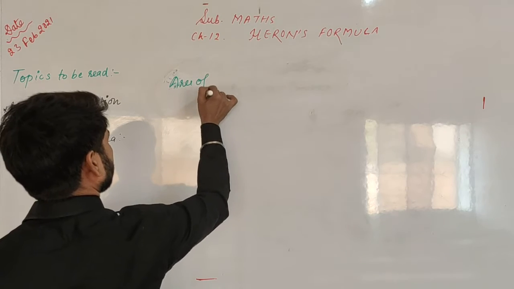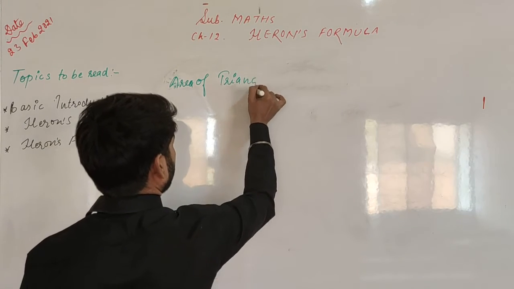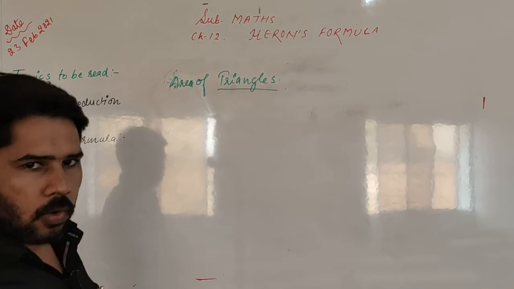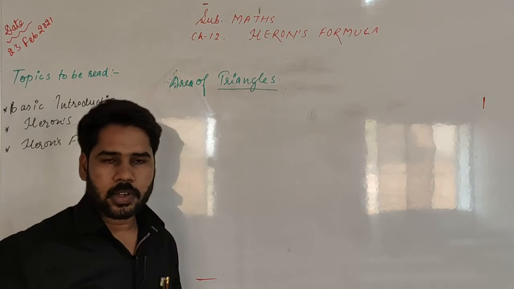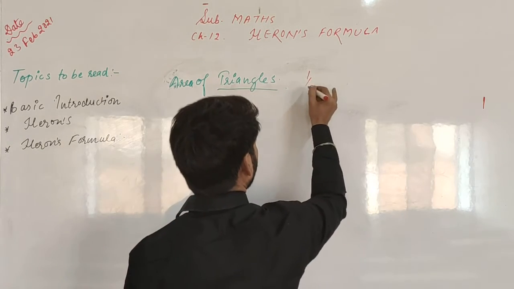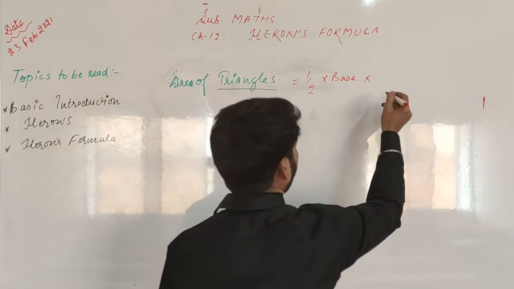Area of triangles. As you read in earlier classes, area of triangle is what? 1 upon 2 base multiplied by height.